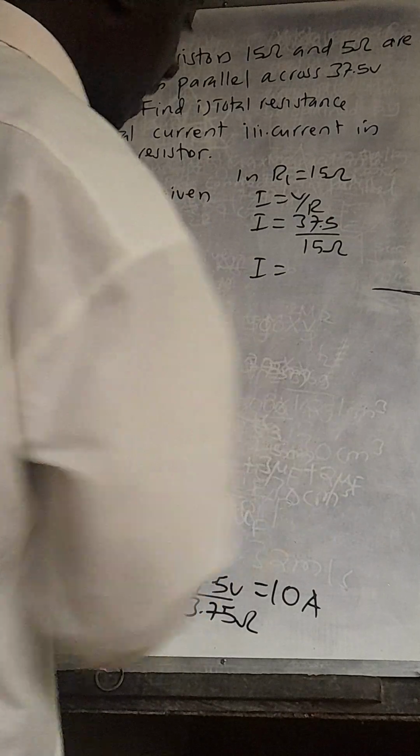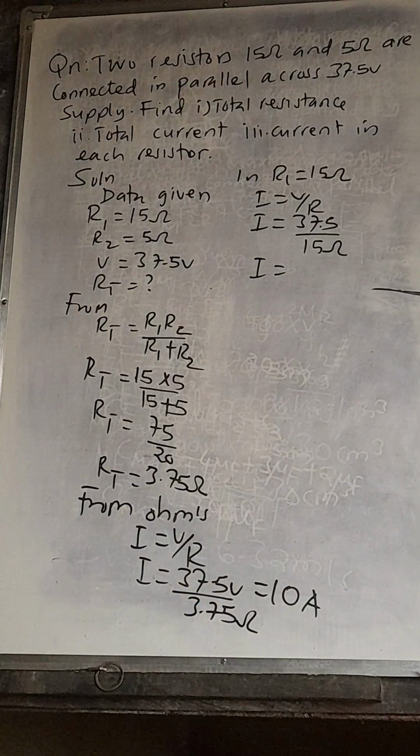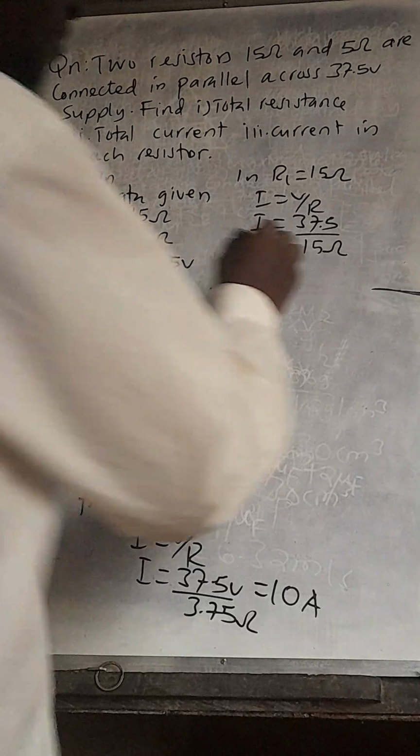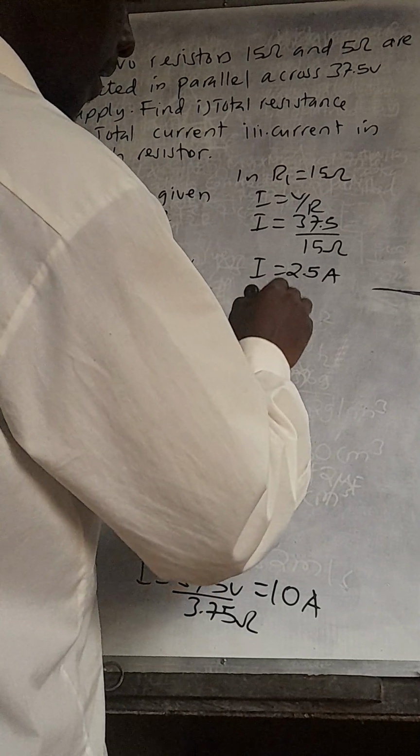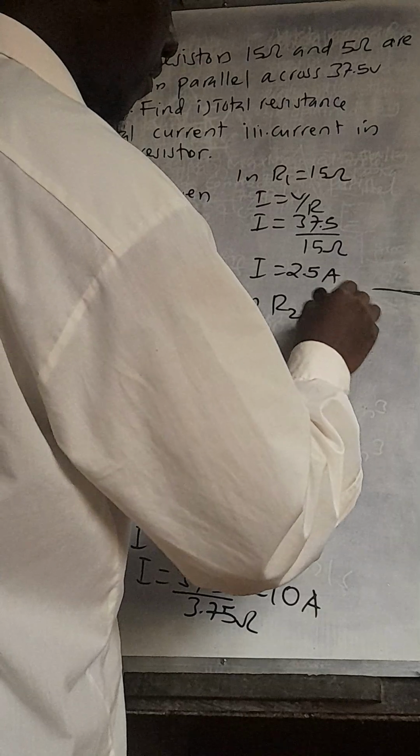Mathematically, the current is equal to 2.5 ampere.